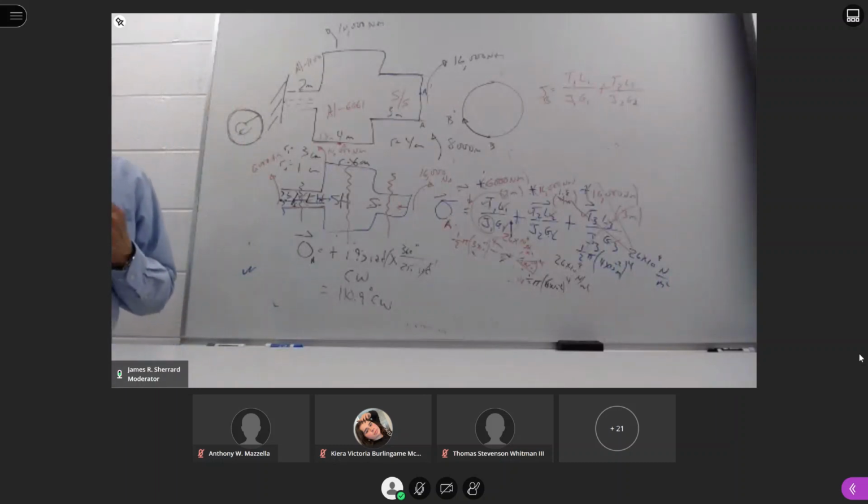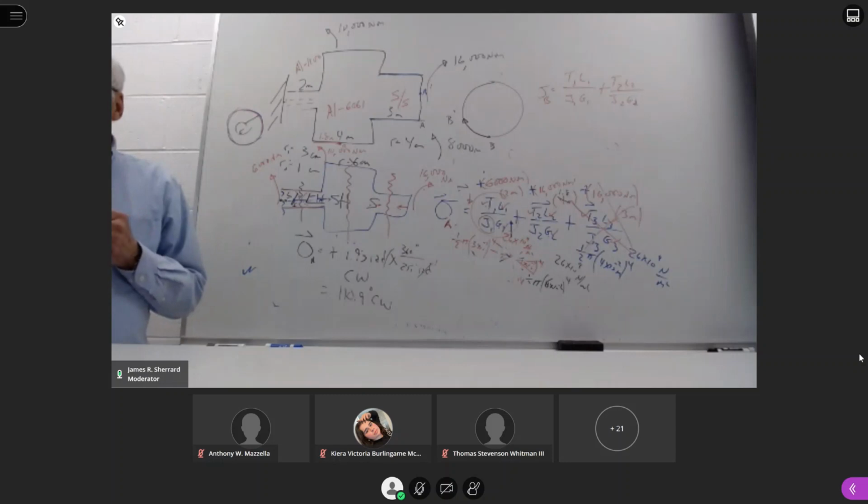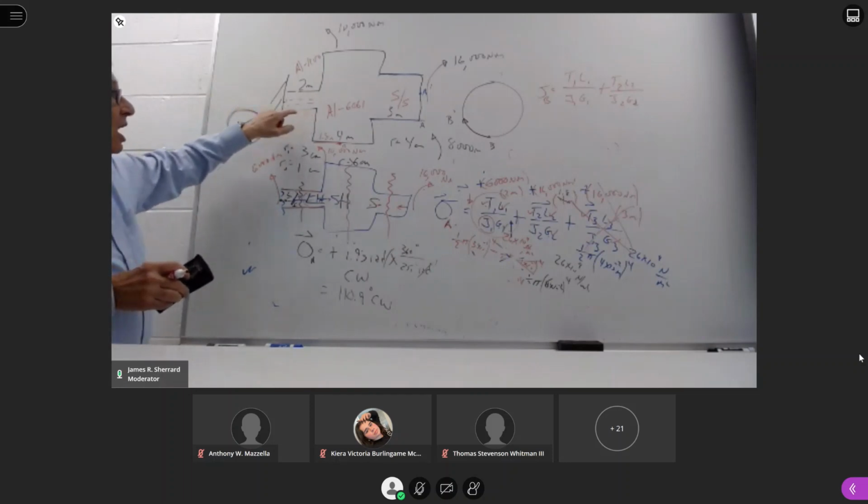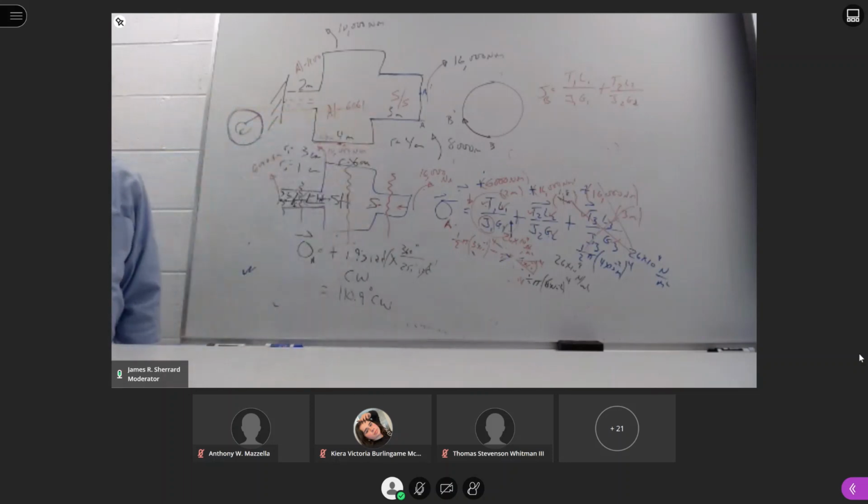So the first thing we have to do is to go back and do a complete free body diagram. As it turns out, the free body diagram is not really concerned about what these materials are made of.